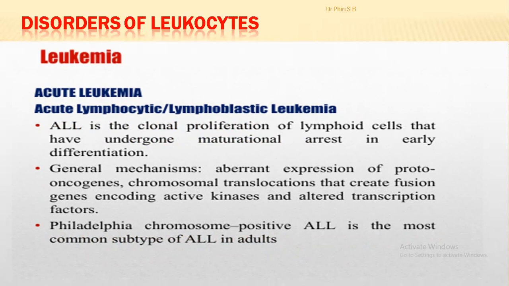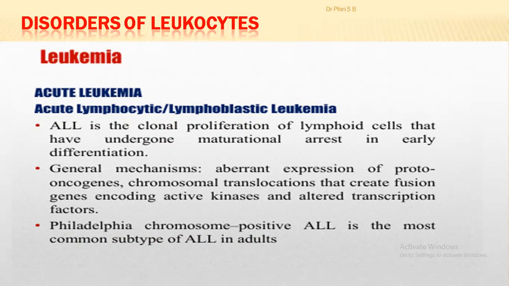So acute lymphocytic or lymphoblastic leukemia is the clonal proliferation of lymphoid cells that have undergone maturation arrest in early differentiation. You find that there is arrest of bone marrow differentiation of these particular cells, and then there is no production of these cells.